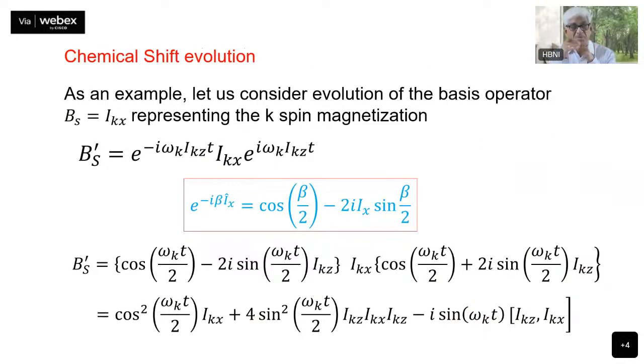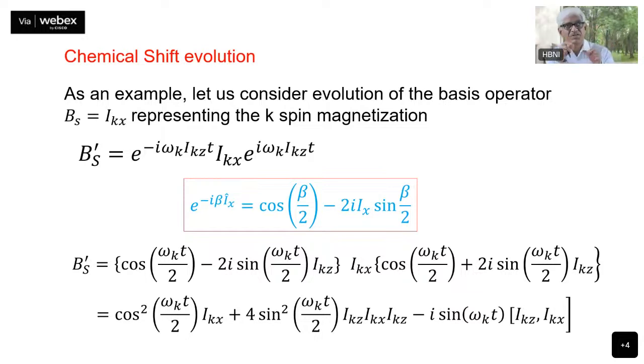Now let us consider the chemical shift evolution. H_Z is omega_k I_kz for the k spin. When you take multiple spins, you have to take the summation of all of those. But the k spin evolves under the influence of the k Hamiltonian; it does not evolve under the influence of the L Hamiltonian.